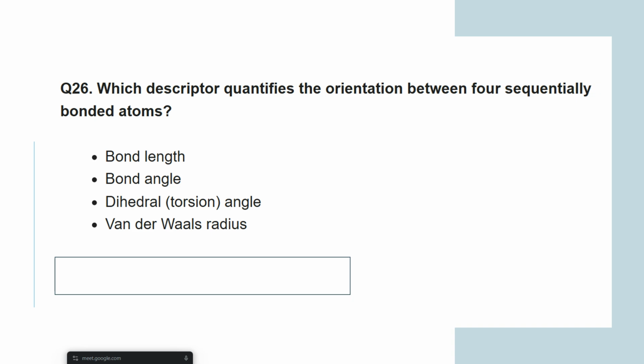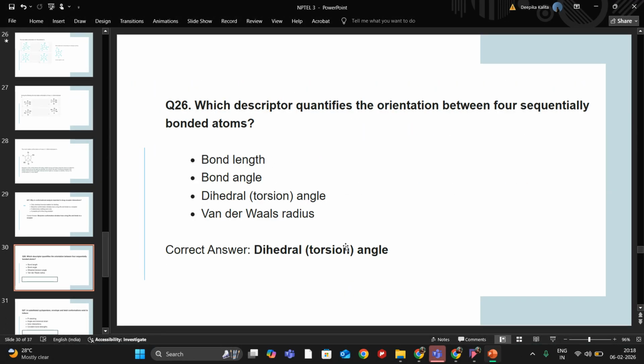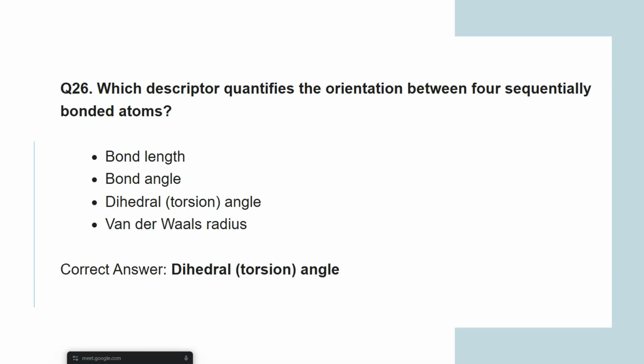And van der Waals radius will require the radius of a spherical entity. Hence, for this question, we will have to choose option 3 as the correct answer. This simply comes from the definition of the dihedral angle or torsional angle.